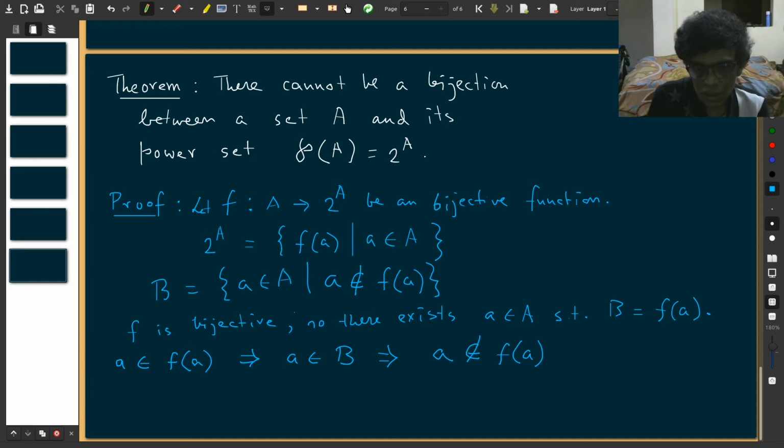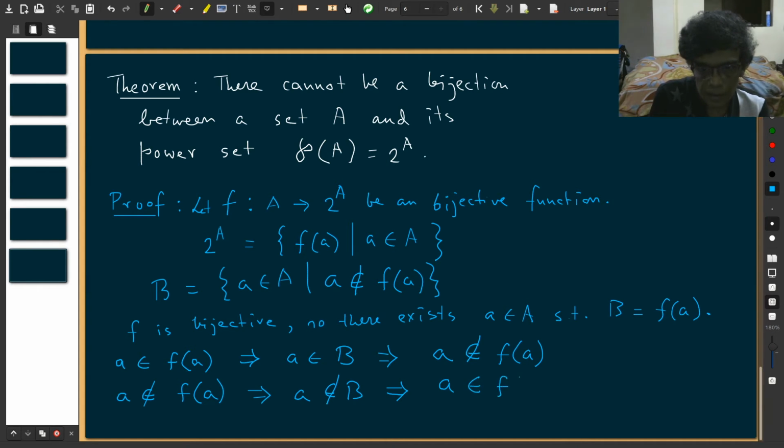Okay. Conversely, if I assume a is not in f of a, this implies a is not in B, because B is equal to f of a. Just replace this by B, and this implies, by definition of this B, a is not included in B. The reason is that a is in f of a.